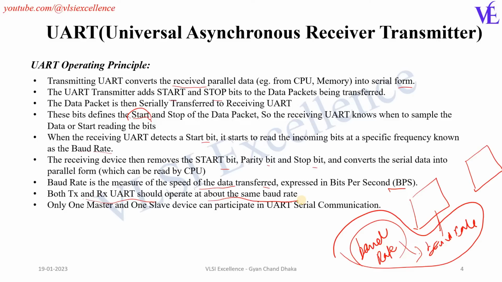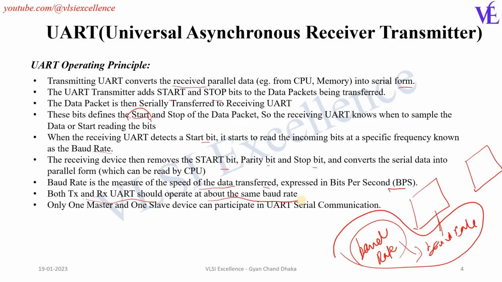Again, I just wanted to make sure that they have to operate at the same baud rate, or the same frequency, but that doesn't mean the same frequency will guarantee that both clocks are synchronous to each other. They can be out of phase.